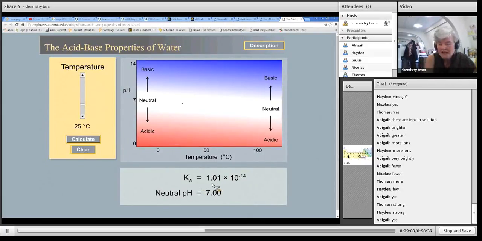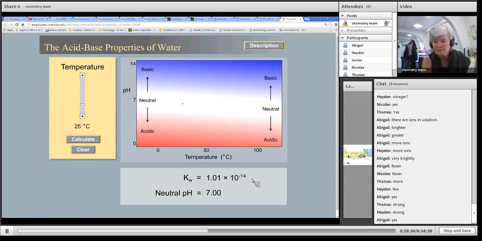But basically at 25 degrees, my equilibrium between my hydronium and hydroxide particles to all my water molecules is 1 times 10 to the minus 14. Okay, this value is very small. So what does it tell you about the number of hydronium ions compared to the number of water molecules?